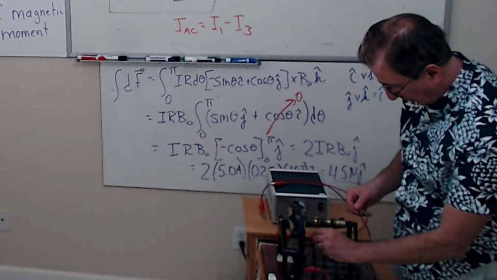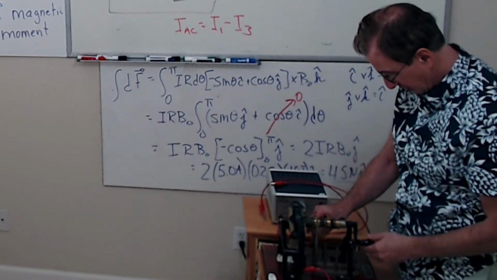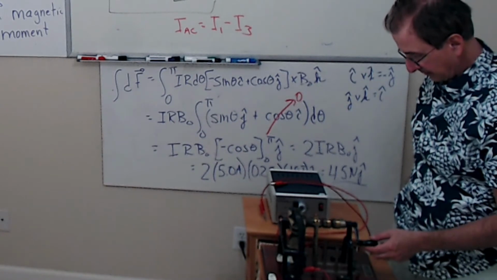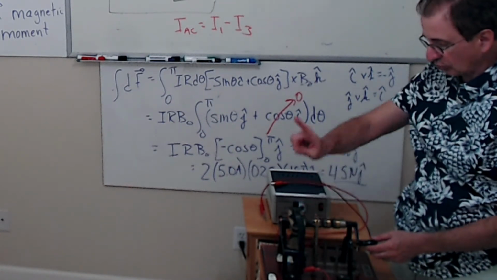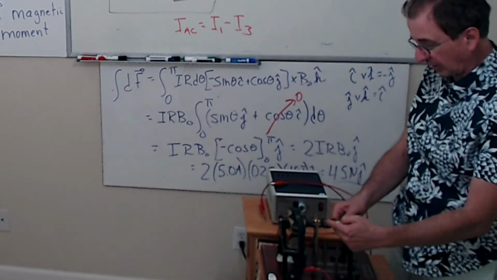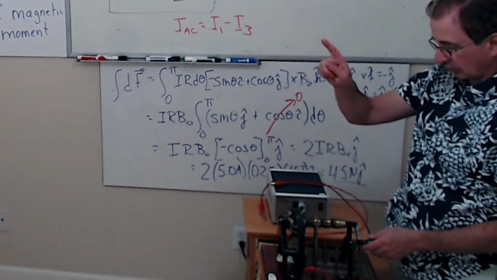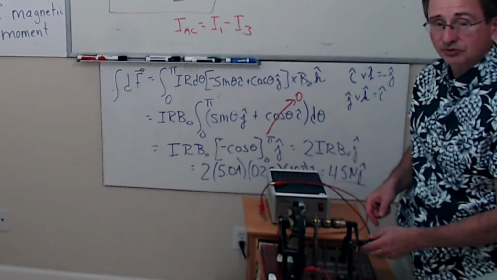So let me put my brushes back in. As this rotates, when the motor is in this orientation, the normal to the loop is up, the magnetic field's this way or that way. The angle between the normal to the loop and the magnetic field is about 90 degrees. This is when you have maximum torque.